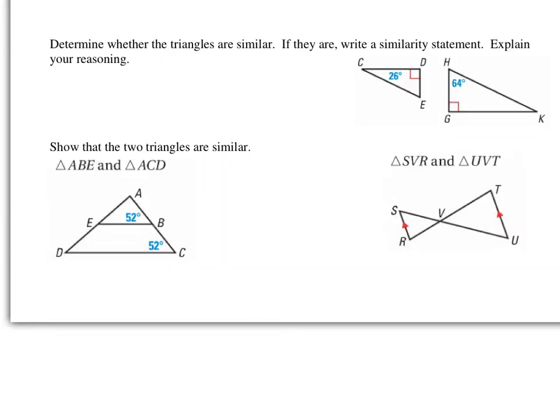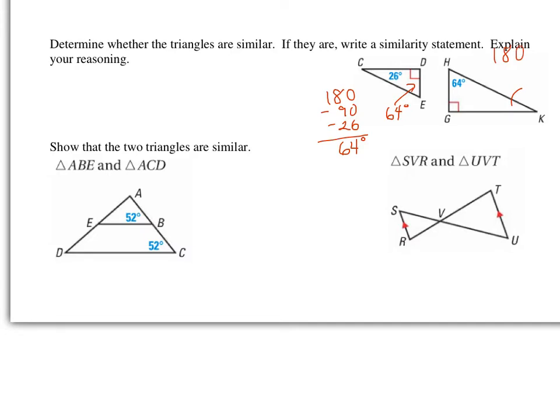One type of question you're going to see is we're going to give you 2 triangles and ask you if they're similar or not. For this one, you notice you have 2 angles, so we need to figure out what that third angle is going to be. Remember, if we subtract the 90 and the 26 from 180, that gives us the remaining angle, which is 64 degrees. So angle E is 64 degrees. We're going to do that with this other angle as well.